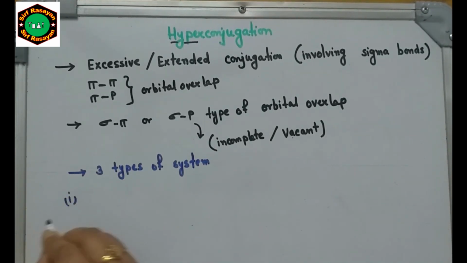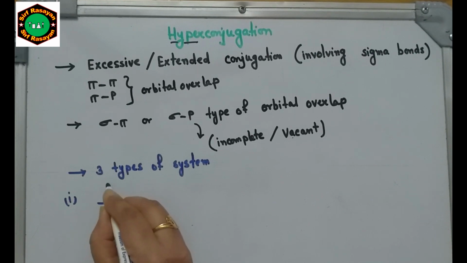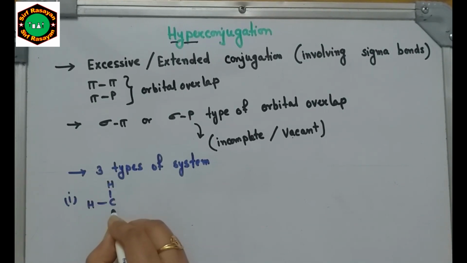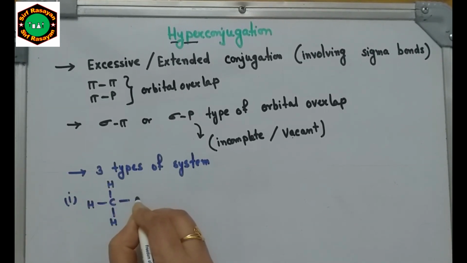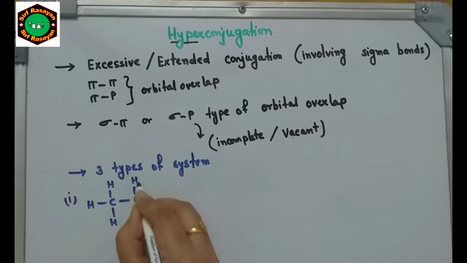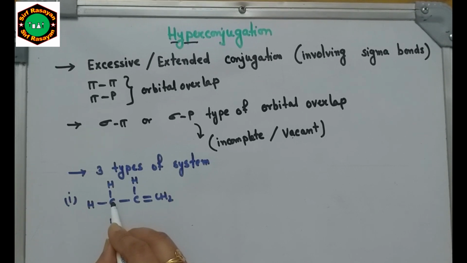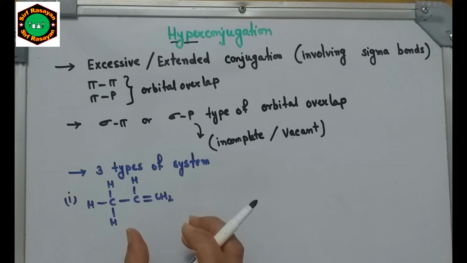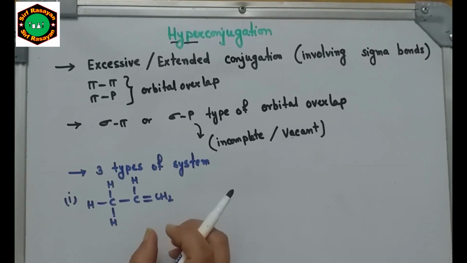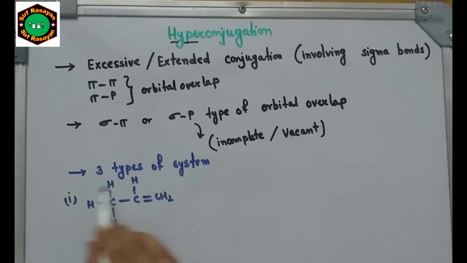Number 1: in this system there is one pi bond and here there is one CH sigma bond. So the pi bond and CH sigma bond should be in alternate position. So in an alkene of such type, the pi bond and CH sigma bond are at alternate positions.